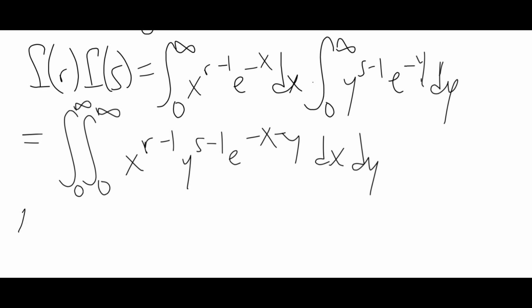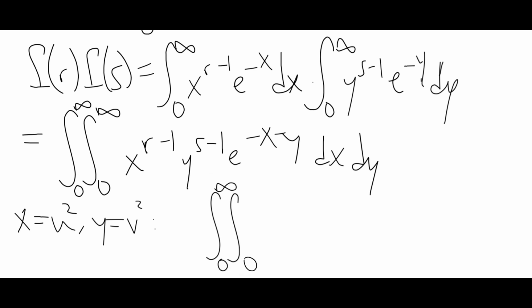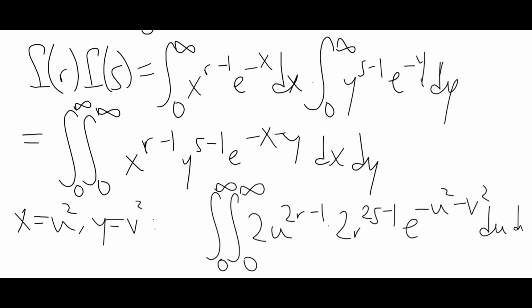So what we can do is say x equals u squared, y equals v squared, and then we end up with another double integral. Okay, so we get u to the 2r minus 2, but we have a 2u from the differential. So 2u to the 2r minus 1 times 2v to the 2s minus 1 e to the minus u squared minus v squared du dv.